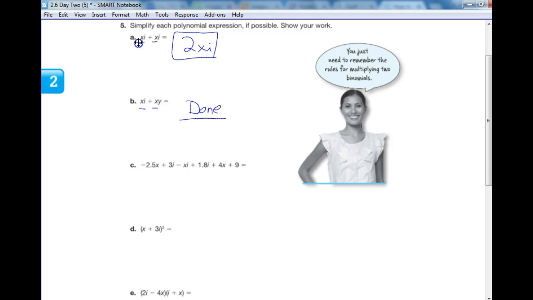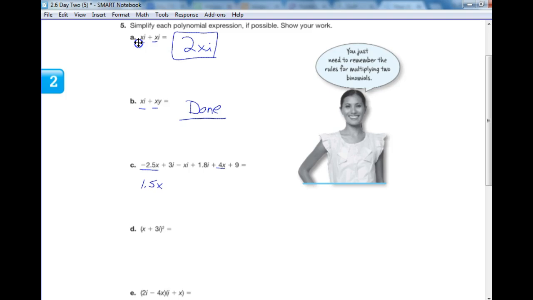Now, when I look at C, I'm real OCD about how I put my like terms together. I always look for the highest powers of x first. So what I would do is I'd come through and I would grab my x's. Just my plain x's. And I would say that gives me 1.5 x's, right? Now the next thing is I'd see a pesky xi in here.